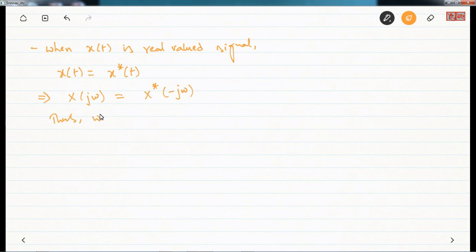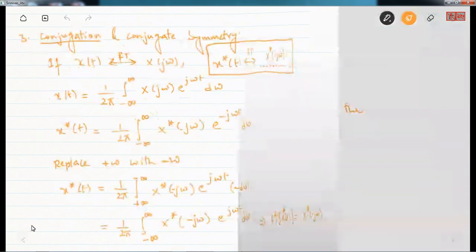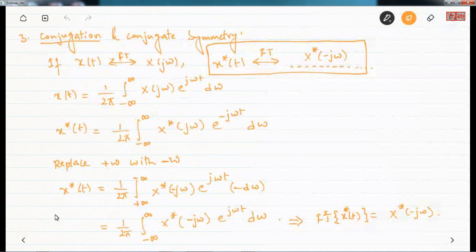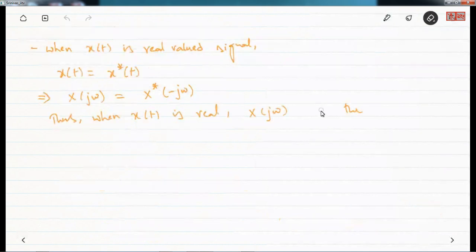Thus, when x of t is real, X of j omega holds the conjugate symmetry. X of j omega is conjugate symmetric.